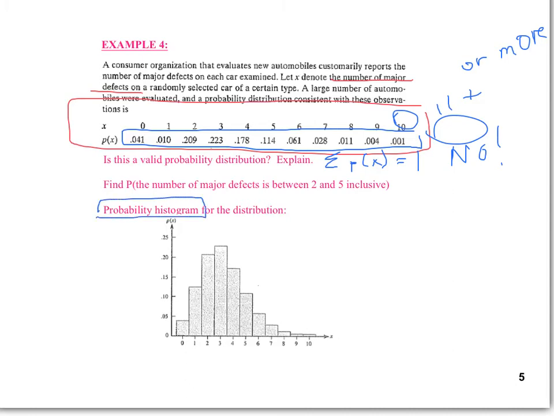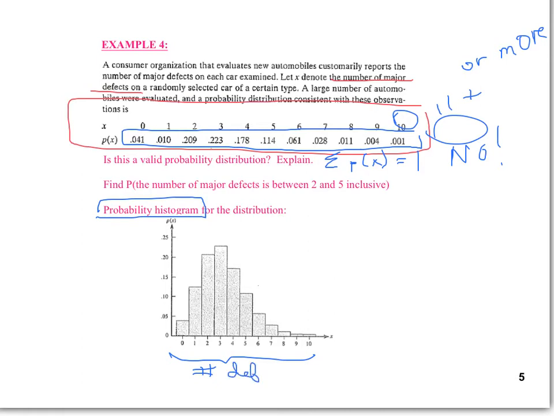So instead of making a table, you could graph. So here are the discrete number of defects on the x-axis, and then on the y-axis is the probability or the relative frequency.